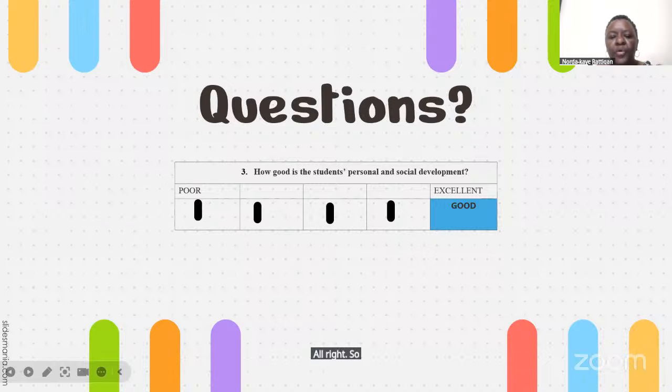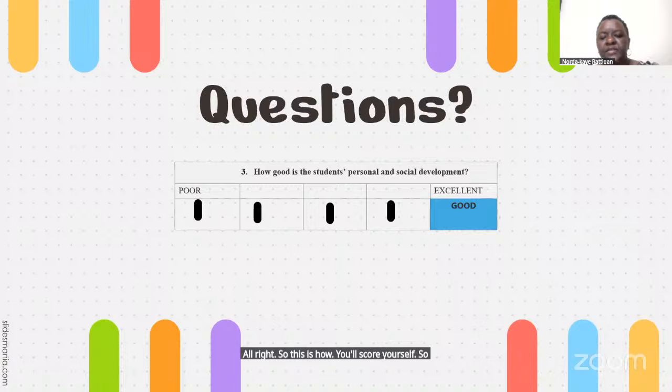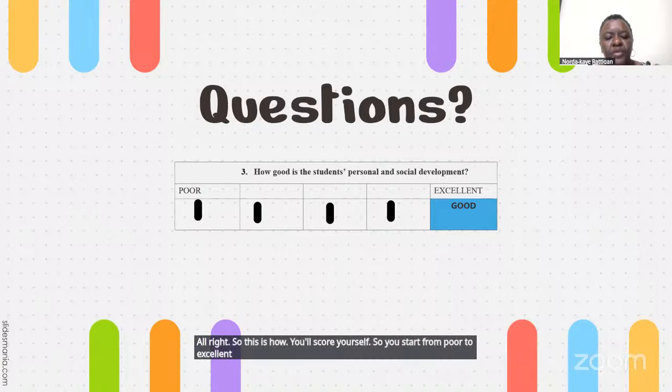All right, so this is how you score yourself. You start from poor to excellent, so you have 1, 2, 3, 4, 5 slots, and the last slot is good.